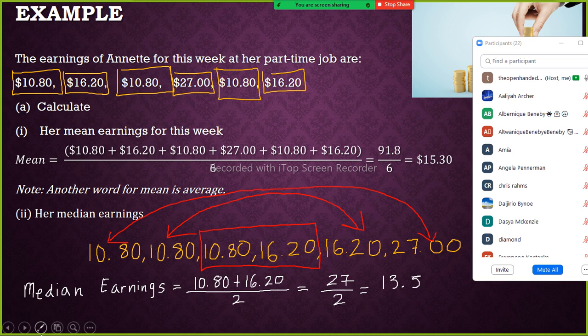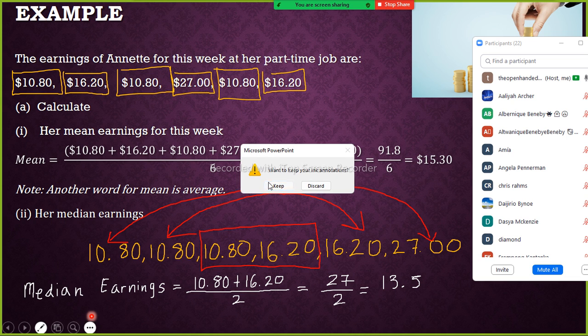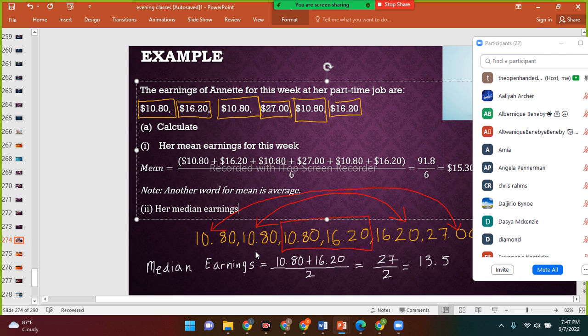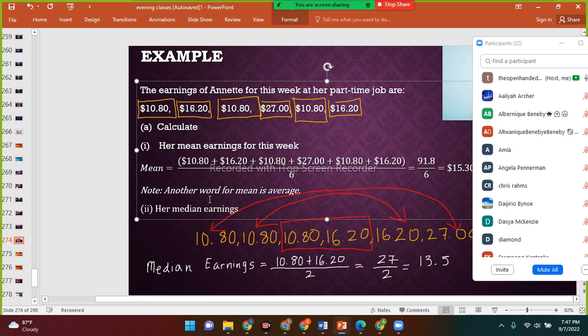Now let's move on. We have the mean earnings and the median earnings.